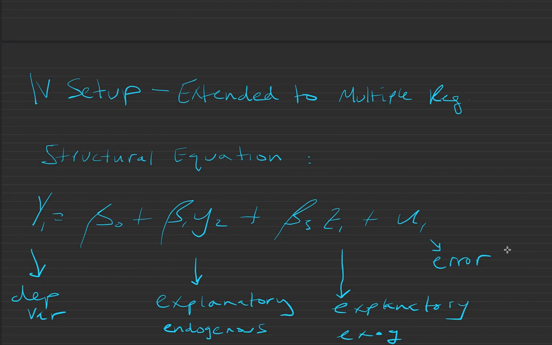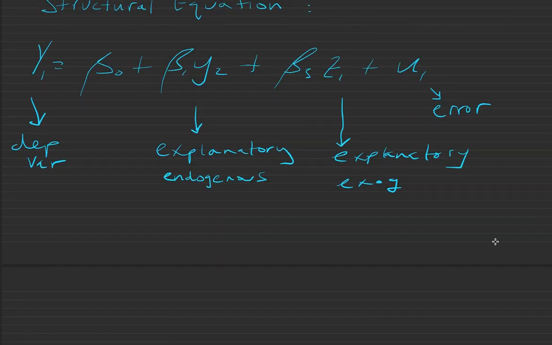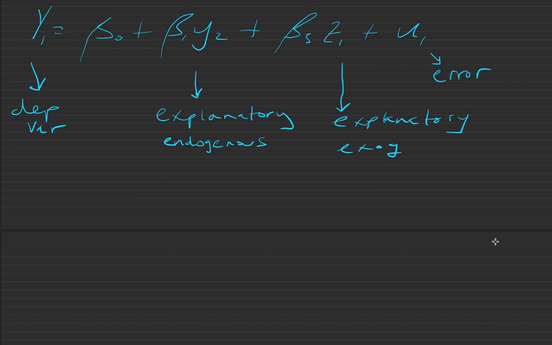We also have, because y2 is an explanatory variable in our structural equation and it is an endogenous variable, in order to get an unbiased estimate of beta 1, we need an instrument z2 for y2 that satisfies the following assumptions.